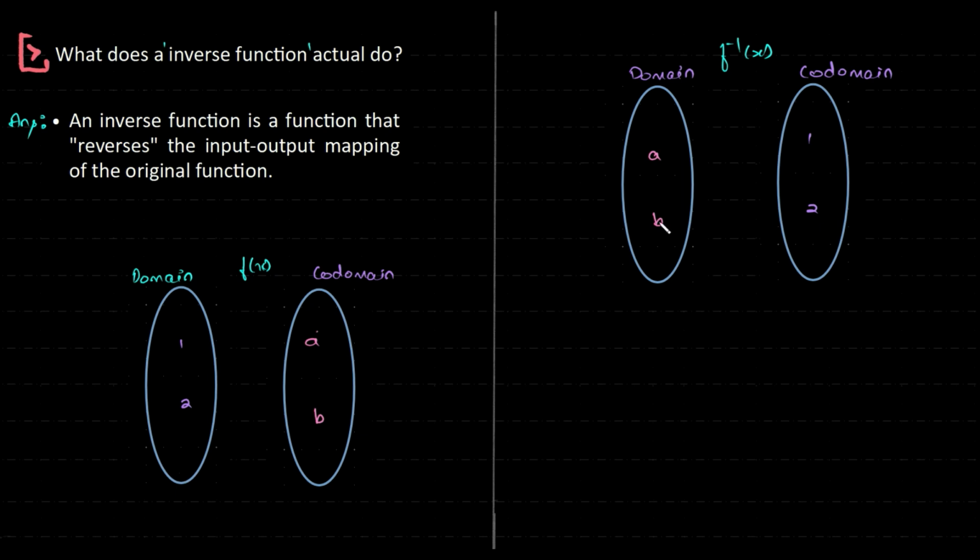I hope you keep this in mind. Now, if I map 1 to b, here b will map to 1. And if I map 2 to a, here a will map to 2. So that's what our inverse function does.